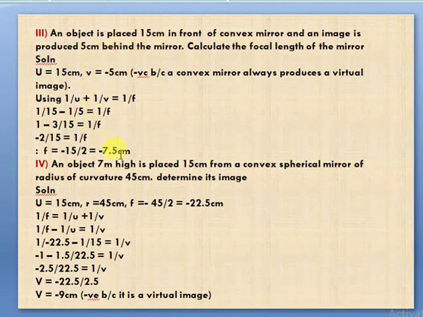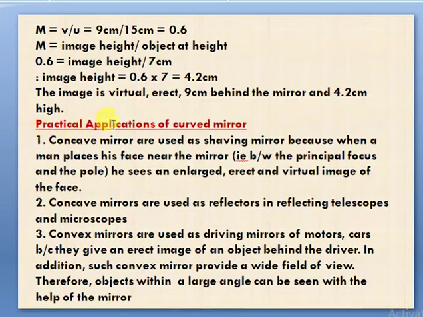An object 7 meter high. So that is image height over 7. Cross multiply to find the image height. Image height will give me 0.6 times 7, and that will give me 4.2 centimeter. You can see the object height is 7 cm, while image height is 4.2 cm.